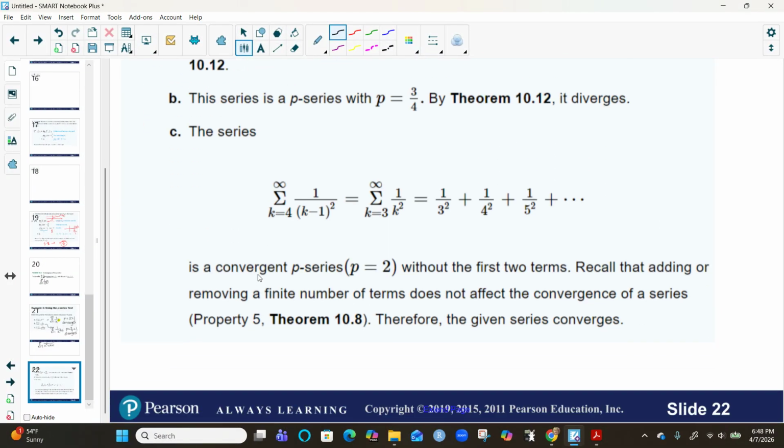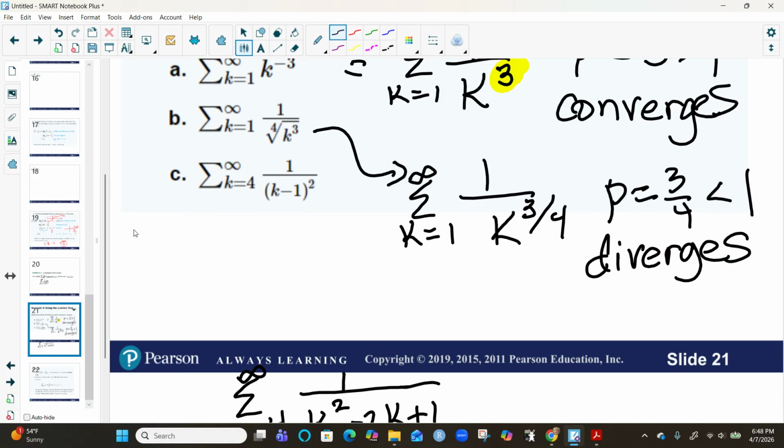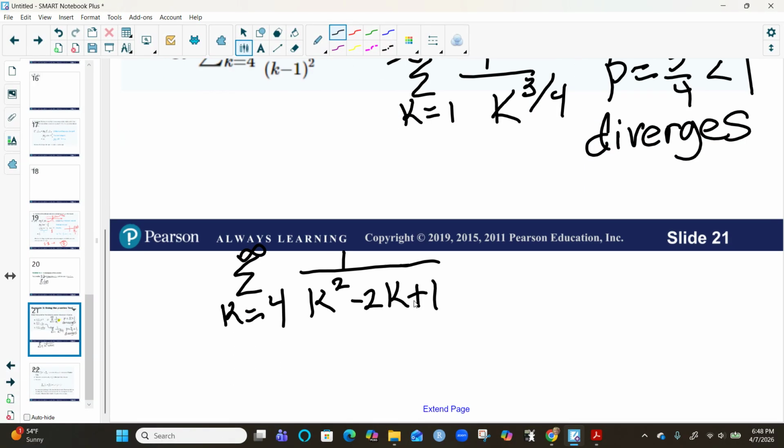So we call this a convergent p-series with p equal to 2 without the other two terms. And it says, recall that adding or removing a finite number of terms does not affect the convergence of the series. Why is that? Because the 2k and the 1 are much, much smaller than the k squared.